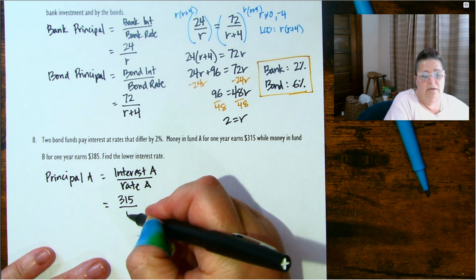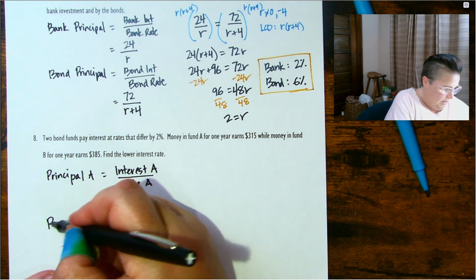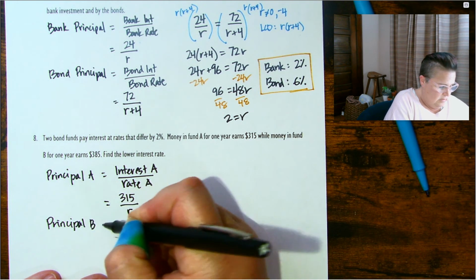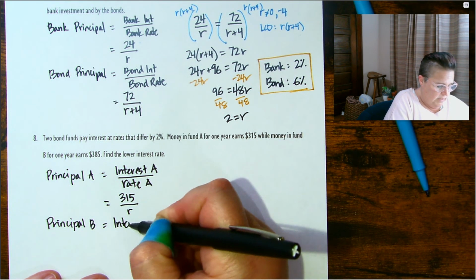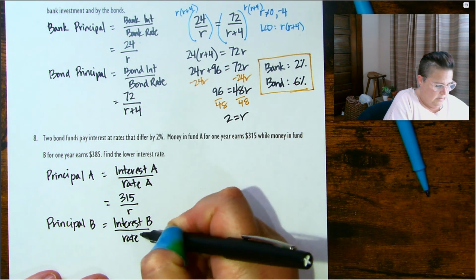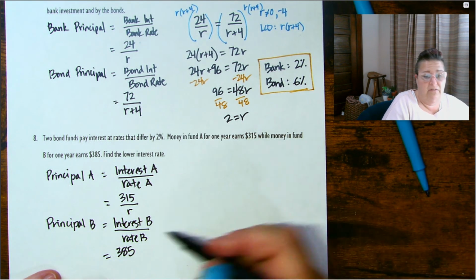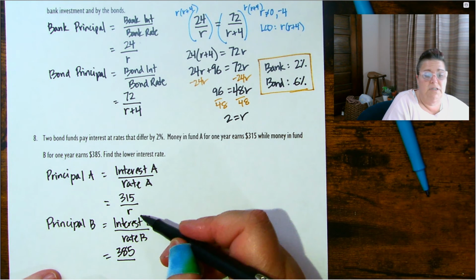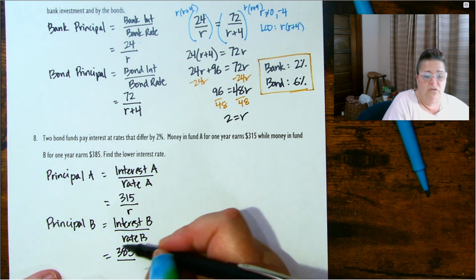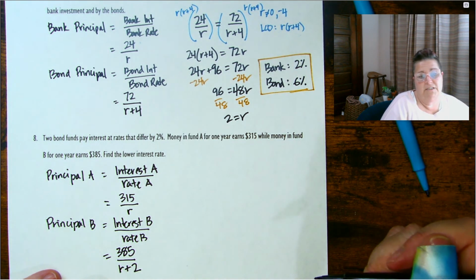The rate A, I'm just going to call R. Principal B is going to be interest B over rate B. Now, the interest made on this one is $385. The interest rate should differ by 2 from the previous one. And the more interest indicates it would be R plus 2, not R minus 2.